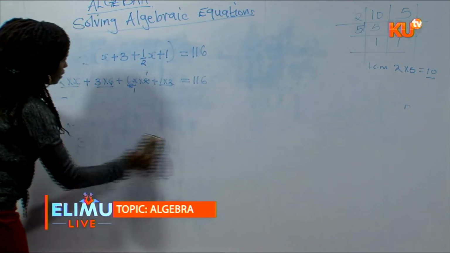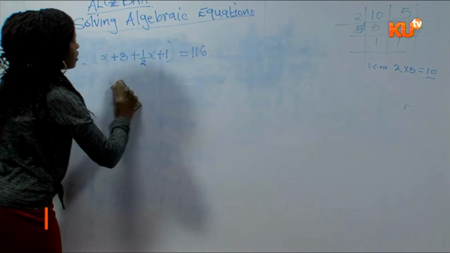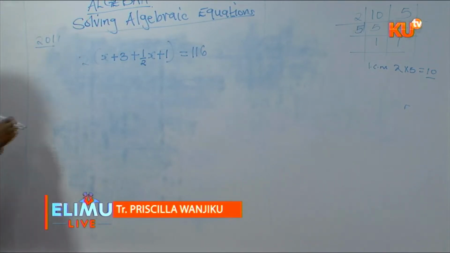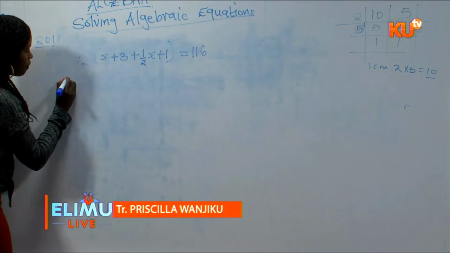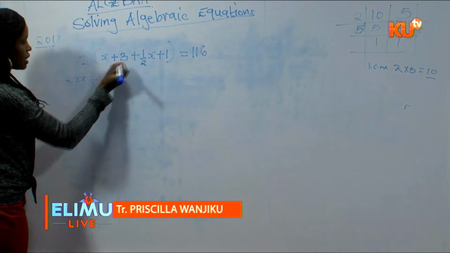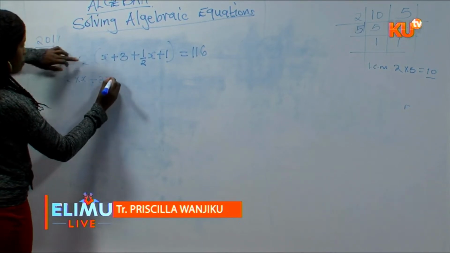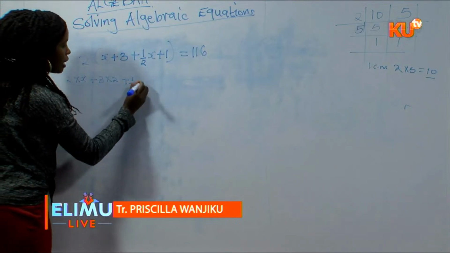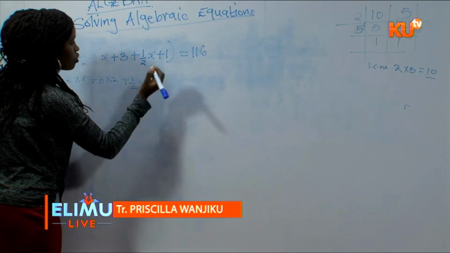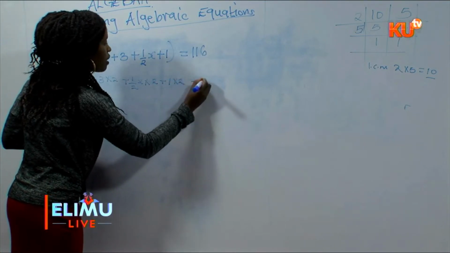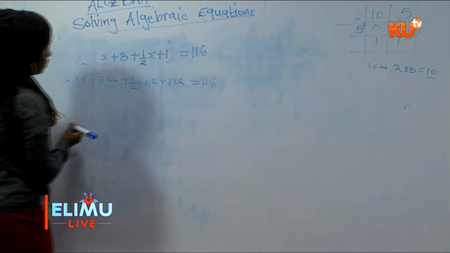Yes. Sorry. Let's go back a bit. 2 times x plus, this is 3, I multiply by 2, plus a half x times 2 plus 1 times 2 should give us 116.